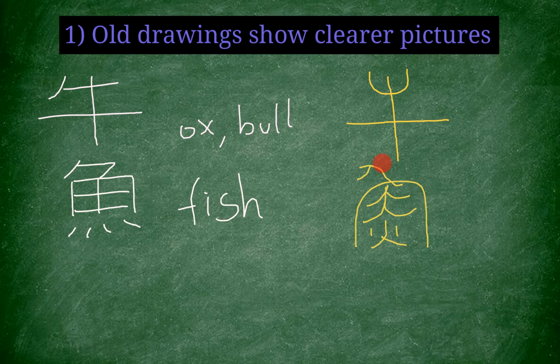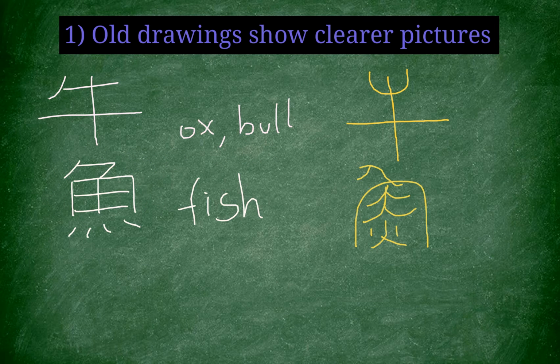And here we have the head, here we have the body, and then these are the scales as well. And this, some will say that's the tail, others will say it's just part of the scales. But again, it's a picture. You're starting to see how the picture is transferring to the modern writing.